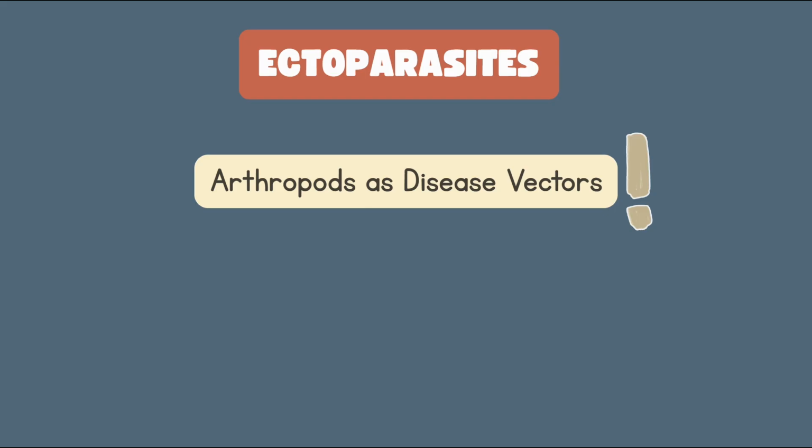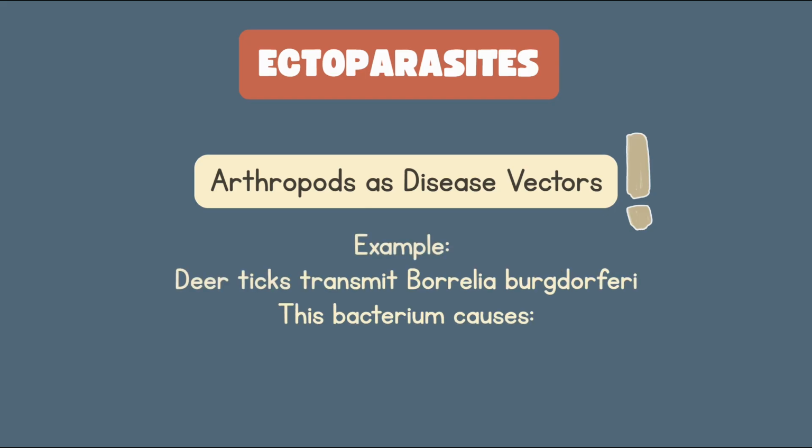The vector itself does not cause the disease directly, but it carries the disease and spreads it to another person. An example of this is deer ticks. Deer ticks actually transmit the bacterium Borrelia burgdorferi, which causes Lyme disease.